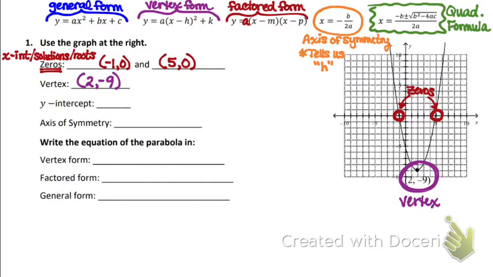Close. 5 would be here. -5. Here's my y-intercept. If you write just -5 on that line, that is correct. How would it look if it was written as an ordered pair? It'd be 0, -5 for your y-intercept.